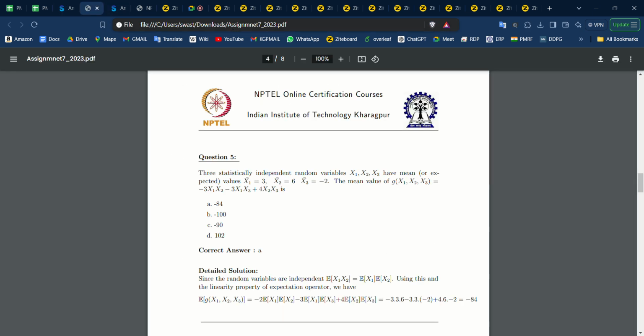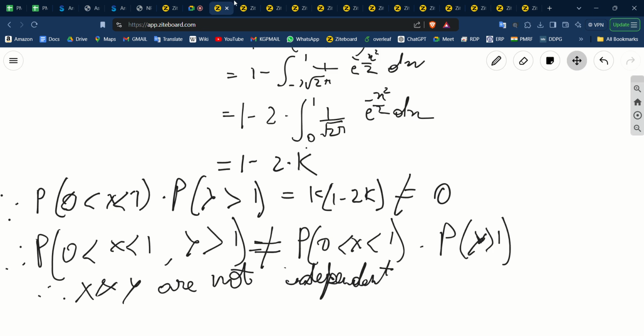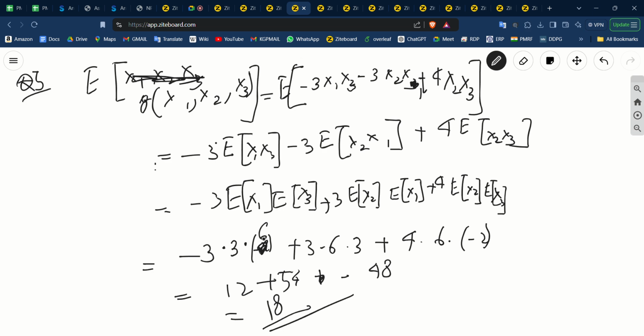And this will be negative 33, negative 2. Negative 3, 3.